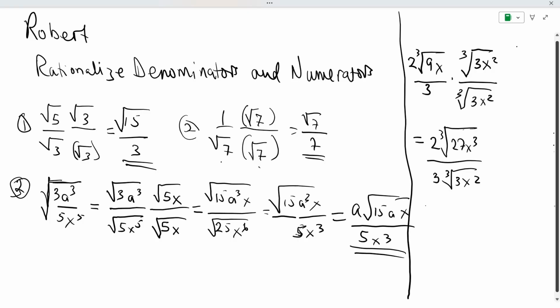And therefore, here we have 2 into 3x. This expression here, cube root of 27x cubed, becomes 3x. And this is all divided by 3 cube root of 3x squared.